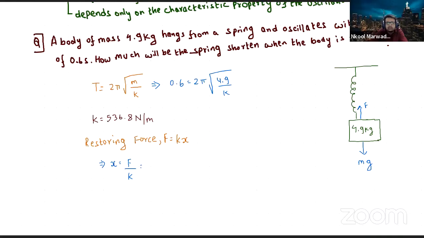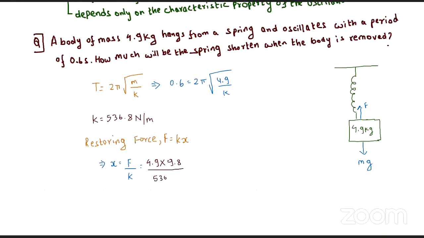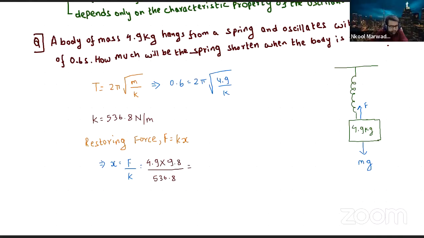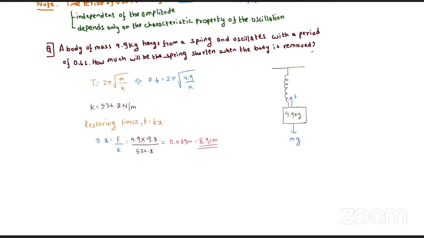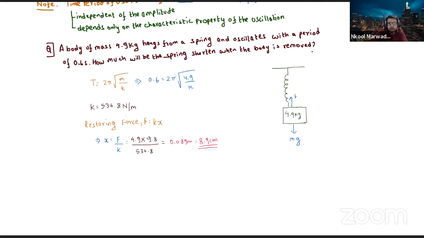The mass is 4.9, acceleration due to gravity 9.8, upon the spring constant we already calculated, 536.8. After simplifying this, I get the final answer, 0.089 meter, or 8.9 centimeters. So this is the answer. Just give me a second, I'll just write it. Okay, done. Now we will go to the next question.